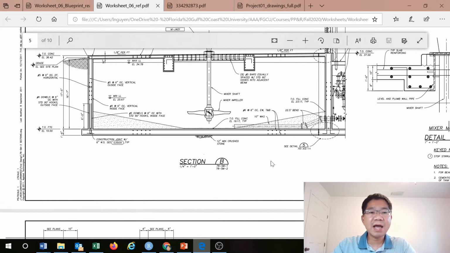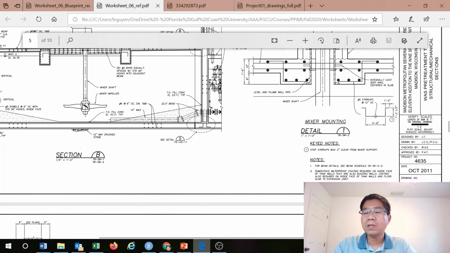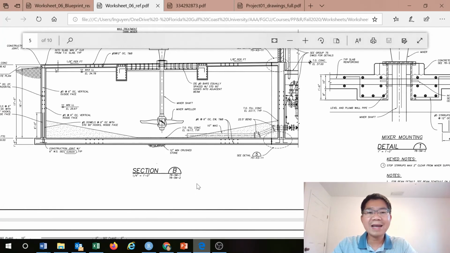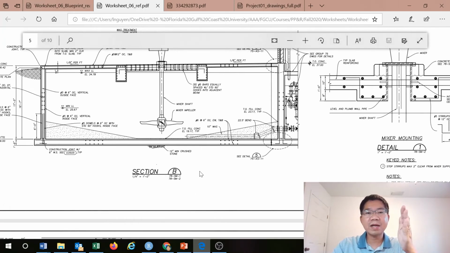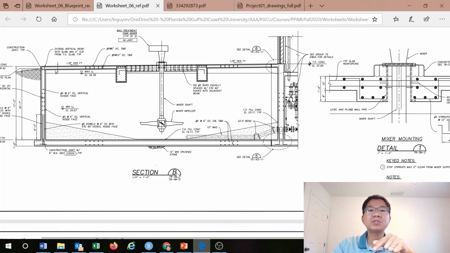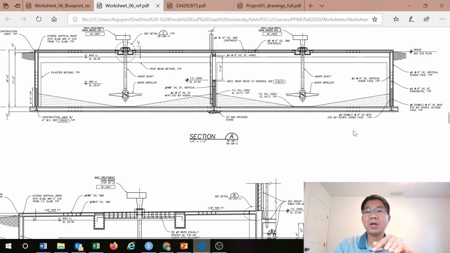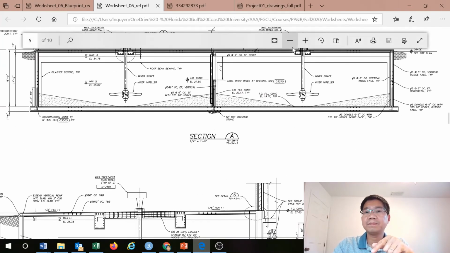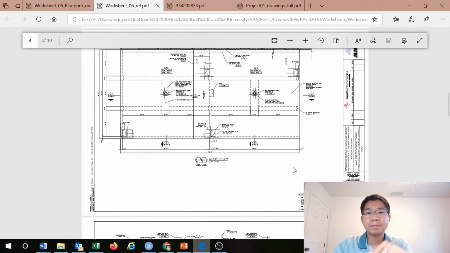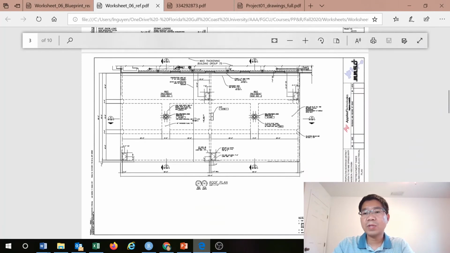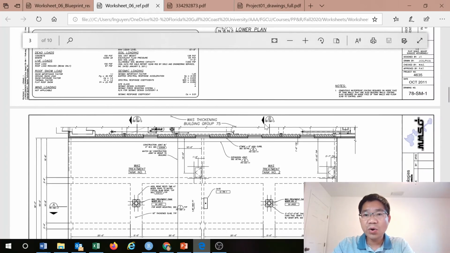As you can see now, this detail B, 78 SM1, 78 SM2, is from the drawing SM3. But if you want to see where that cut comes from, go to these two drawings, go up to these two drawings. Yep, so that is SM2, I see that drawing, and the detail goes to SM3.